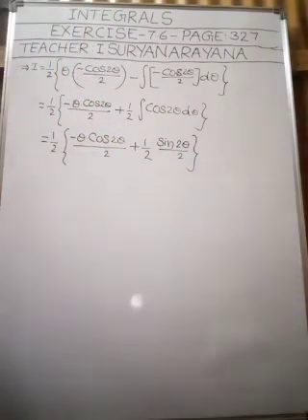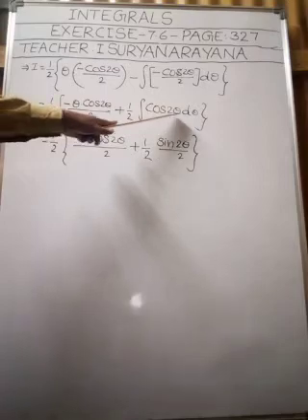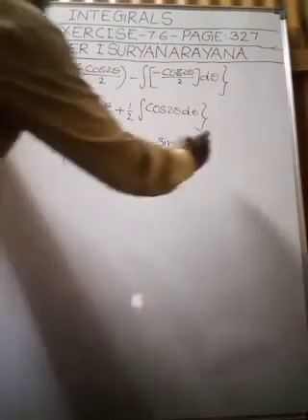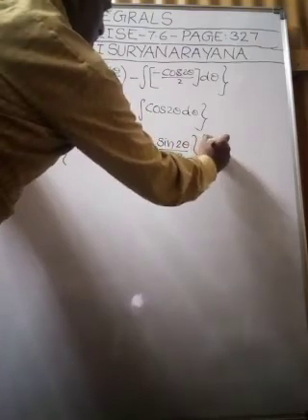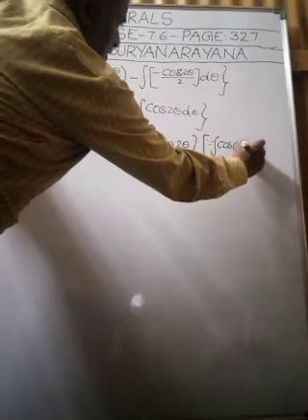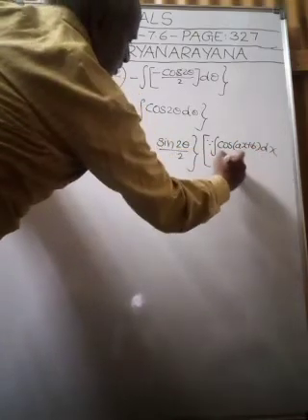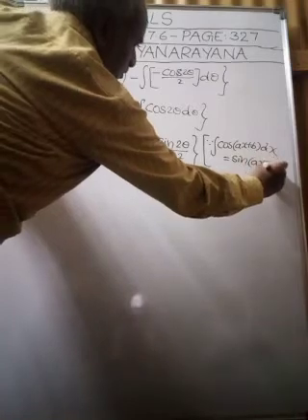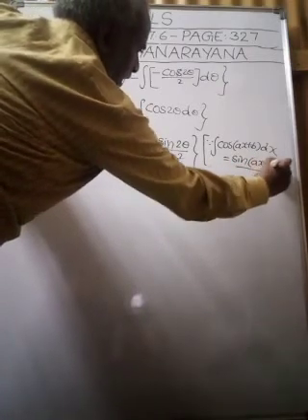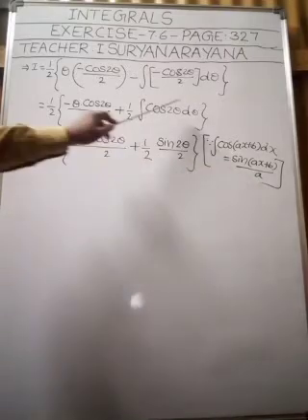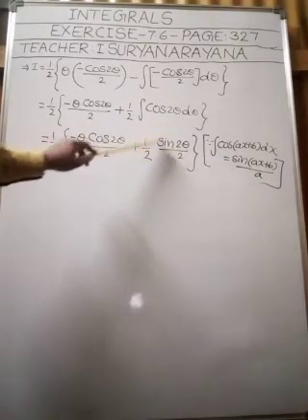So this is the integral of cos 2 theta d theta, sin 2 theta by 2, because integral cos of ax plus b dx is equal to sin of ax plus b by a. Okay, my children, by using this integral formula, we wrote this part.